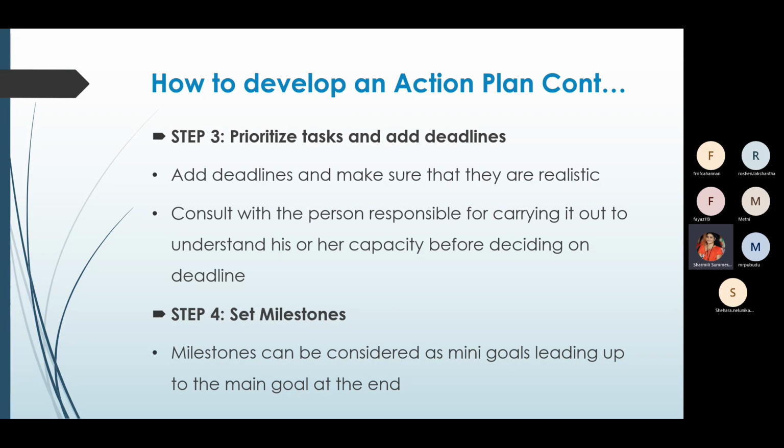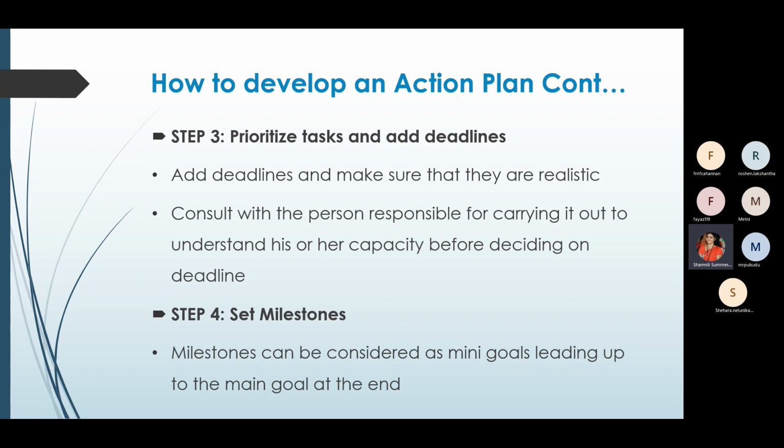Fourth step is set the milestone. Milestones can be defined as mini goals. Normally we have one large goal, right? For example, a simple example: weight reduction within a 6 month period. That's your main goal. Milestones in the sense that you can have mini goals, right?